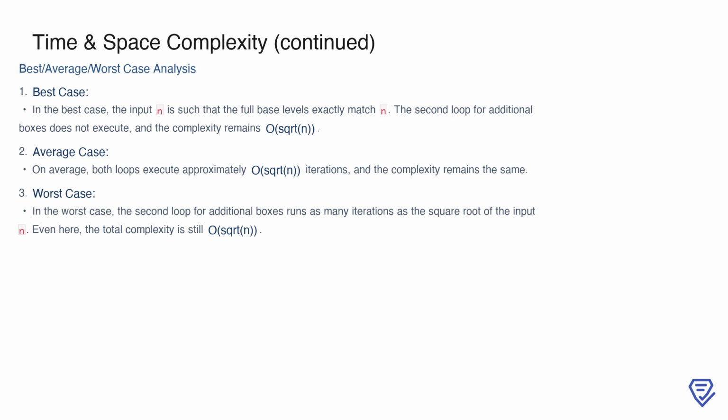On average, both loops execute approximately O(sqrt(n)) iterations each, so the overall complexity is still O(sqrt(n)). Even in the worst-case scenario, where the second loop for additional boxes runs the maximum possible iterations, the total complexity does not exceed O(sqrt(n)). This consistency across all cases demonstrates the robustness of the algorithm.